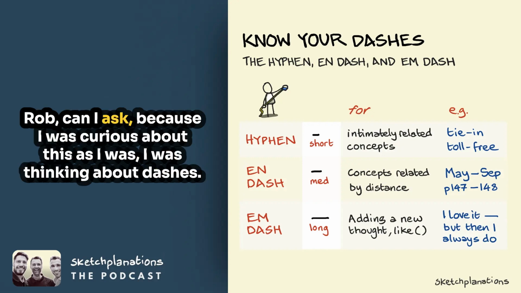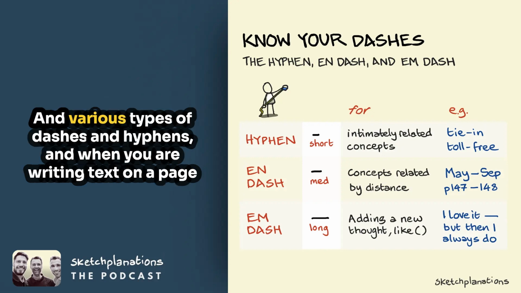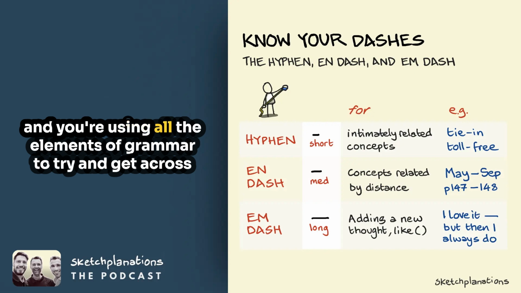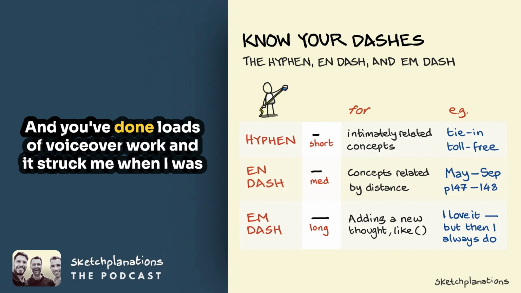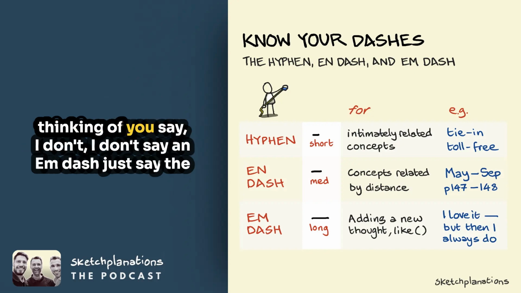Rob, can I ask, because I was curious about this as I was thinking about dashes and various types of dashes and hyphens. When you're writing text on a page and you're using all the elements of grammar to try and get across what it means and how you're supposed to say it, and you've done loads of voiceover work, it struck me that I don't say an M dash.